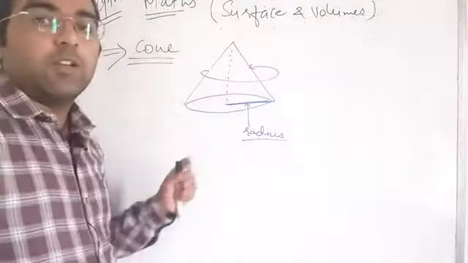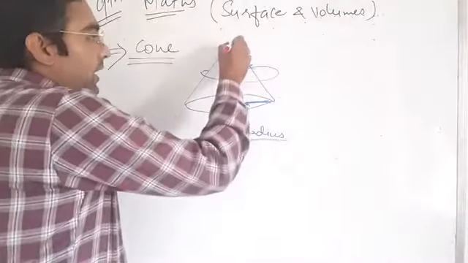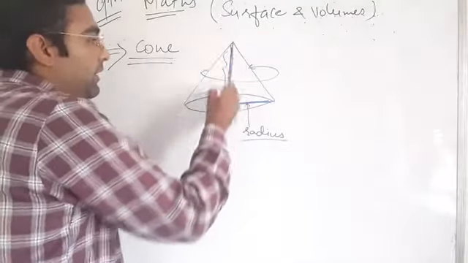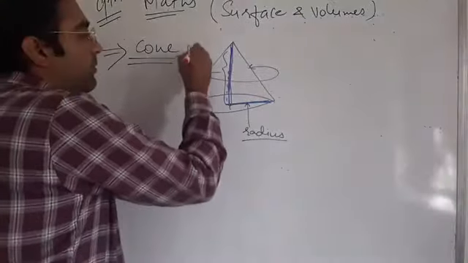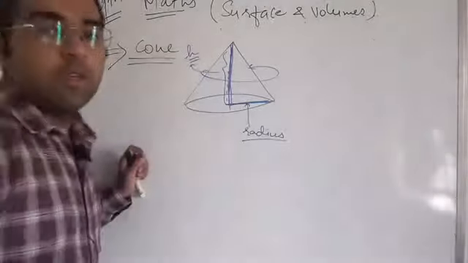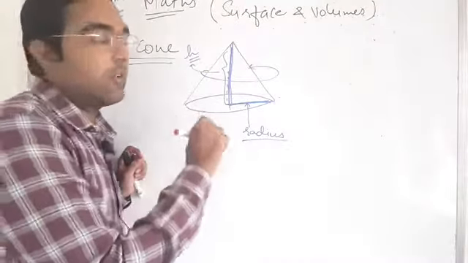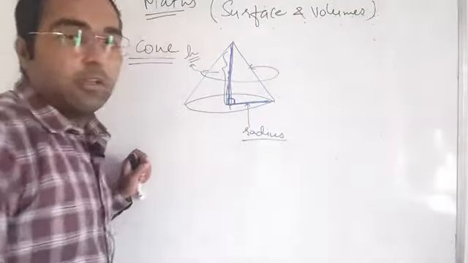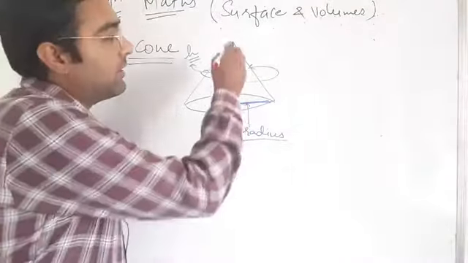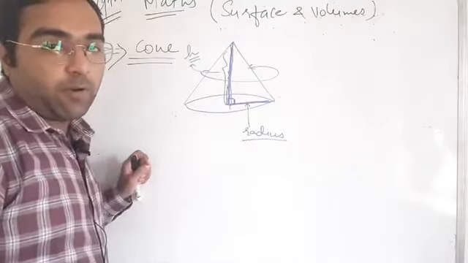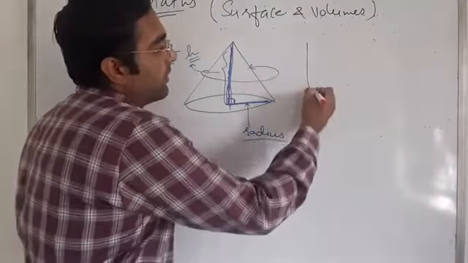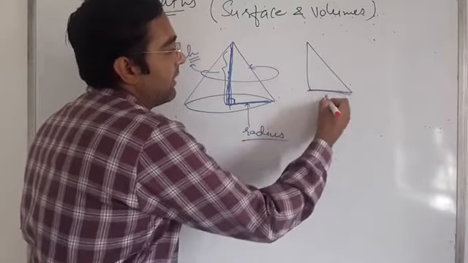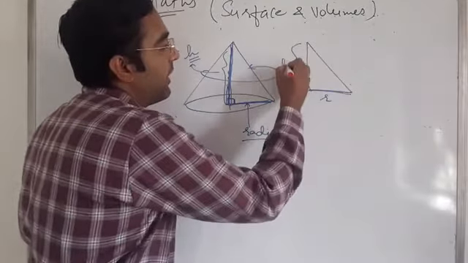We have to take the radius of the cone, and this is the height of the cone. Now the height of the cone and the radius of the cone meet mutually perpendicularly. So here a right angle triangle is formed. This is the base of the triangle, that is the radius r, and the height of the triangle, that is h.